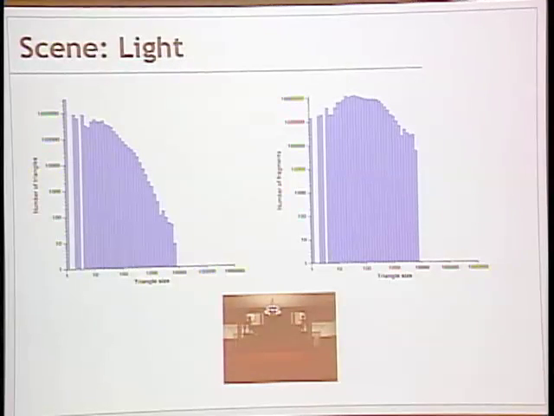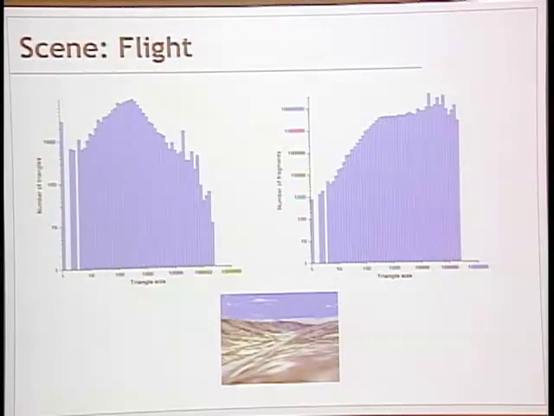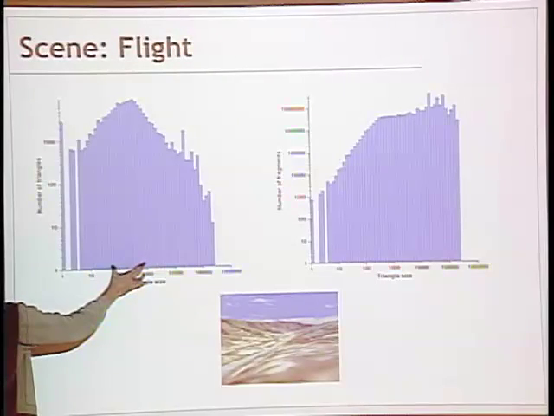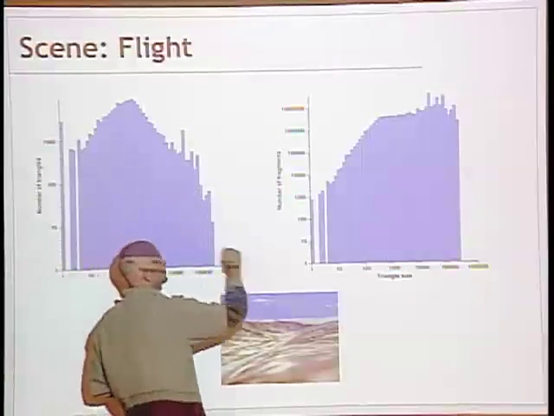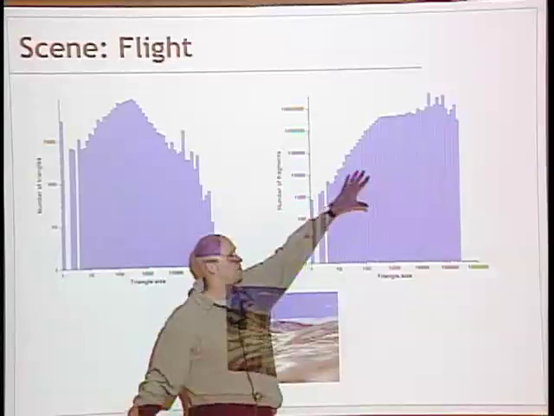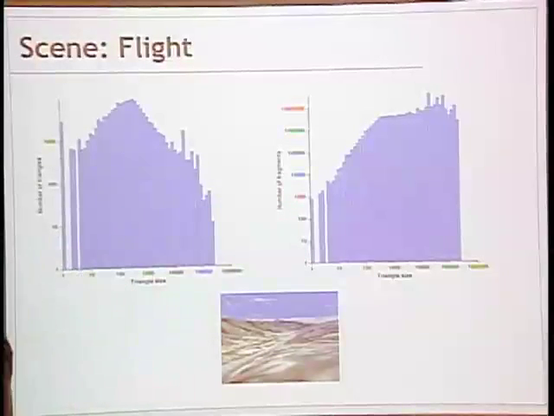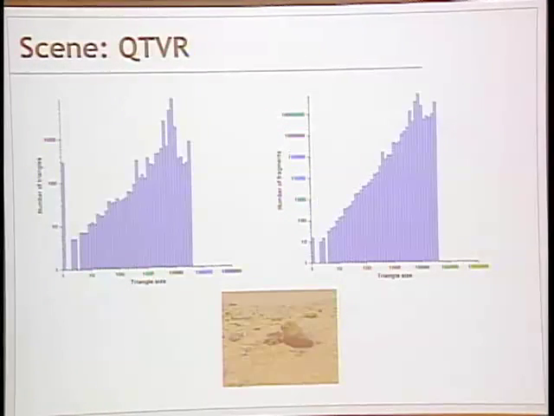These are larger triangles, and you see that most of the triangles are medium-sized here. But obviously the big triangles have more fragments, so the bigger triangles take up most of the fragments. And when you look at a scene that does have really, really big triangles, then there's more big triangles and they take up way more of the fragments. And so it's a real challenge to build a GPU that works well on all these things.